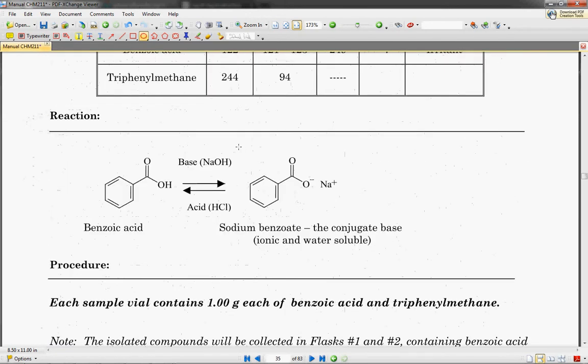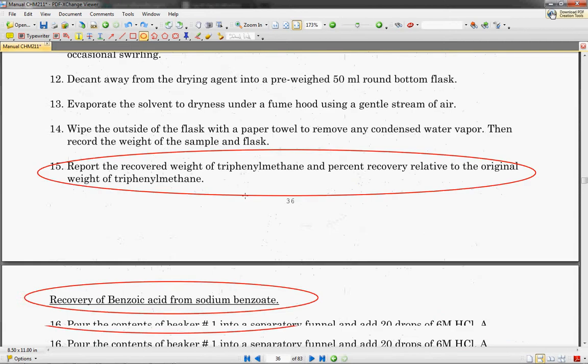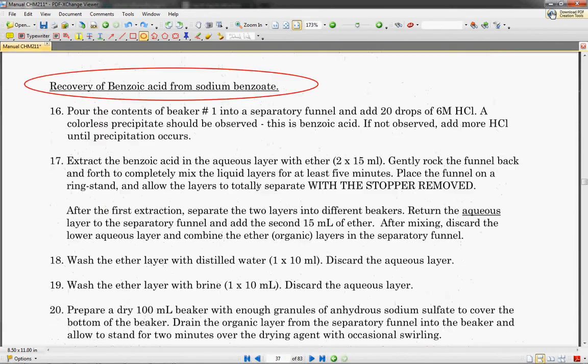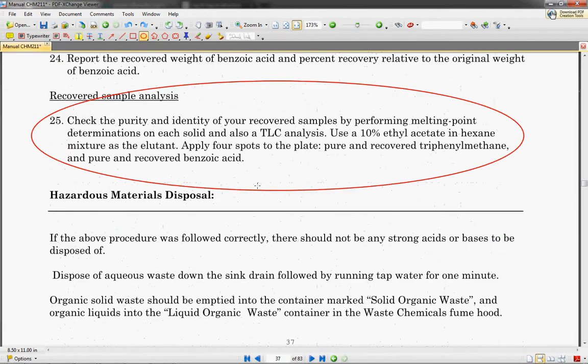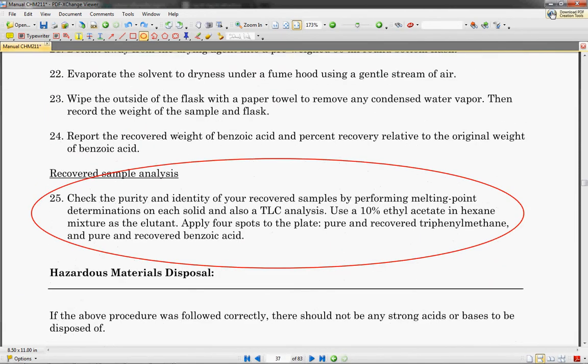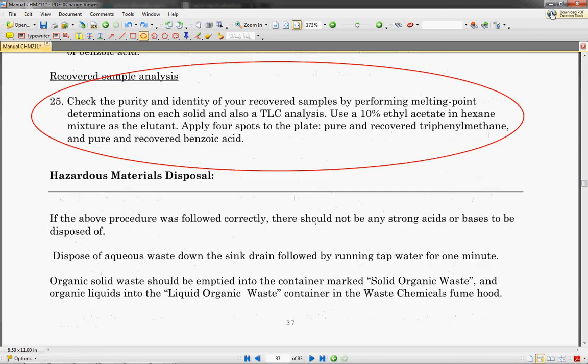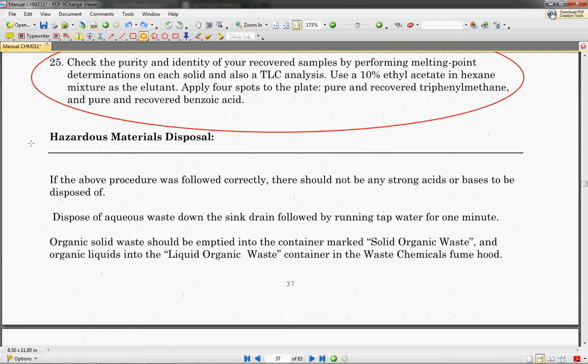So remember, since we are in this form, we're going to have to add a lot of acid to move it back to this form. So it talks in there about adding the acid and about essentially just drying it further. And you're going to do the same thing when you get done with that. You're going to check the purity with TLC and with melting point.